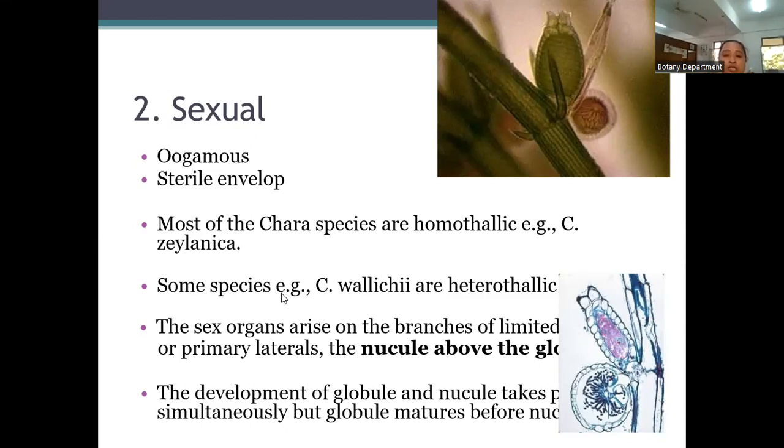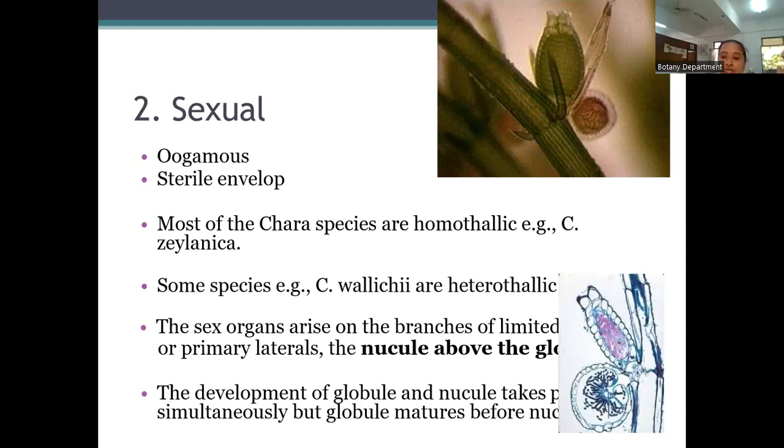The most important Chara species have two sex organs. The male sex organ is called the globule. Very, very important. The female sex organ is called the nucule. You know the common name for male is antheridia and for female oogonia, but here the male sex organ is called globule and the female sex organ is called nucule.